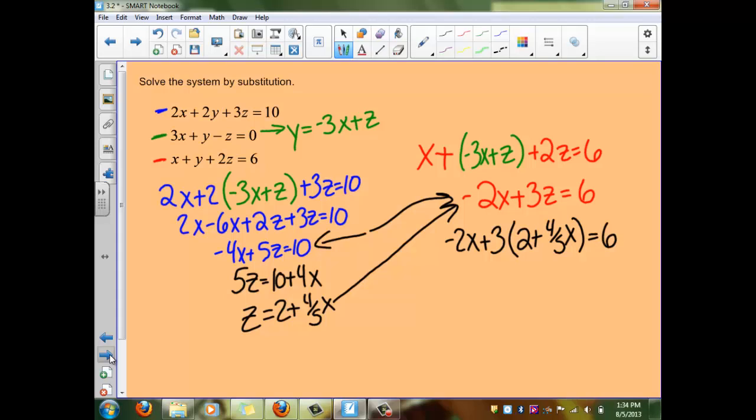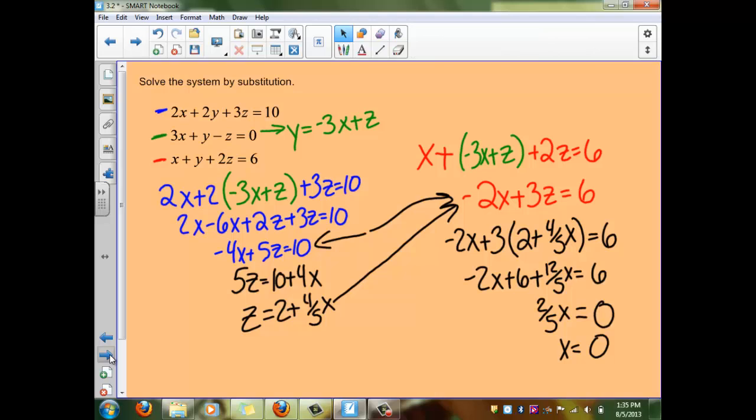Notice now we only have one variable in our equation, so this means we'll actually be able to solve it. Subtracting our 6 over, we'll get 0, adding like terms. So now we know that x equals 0.